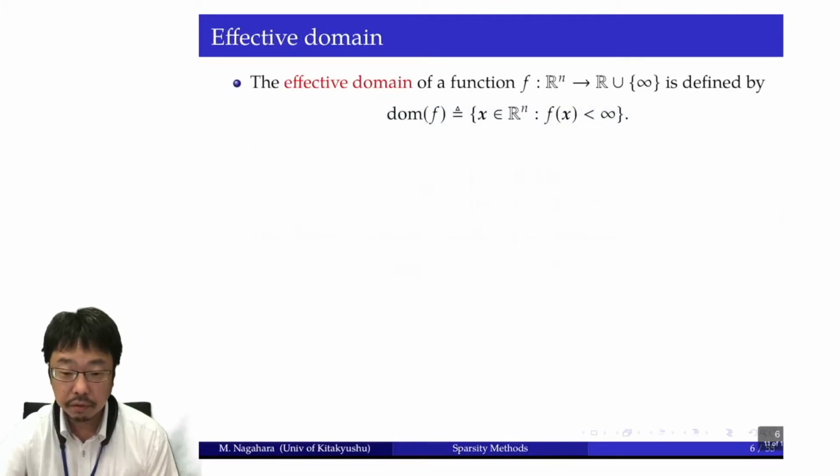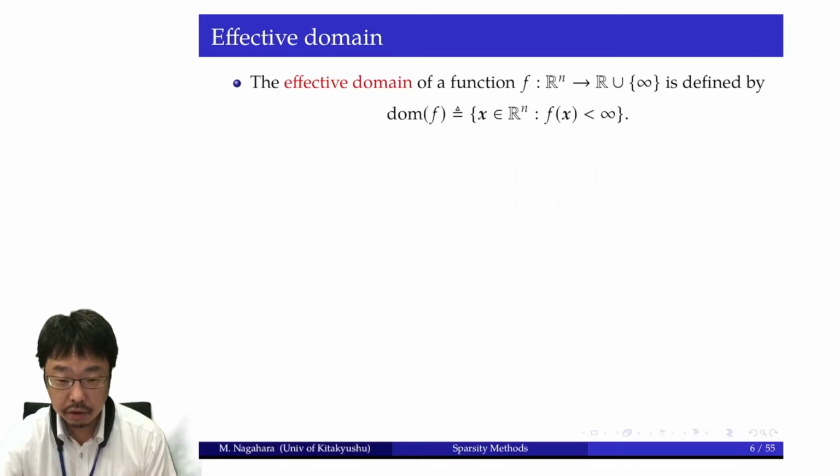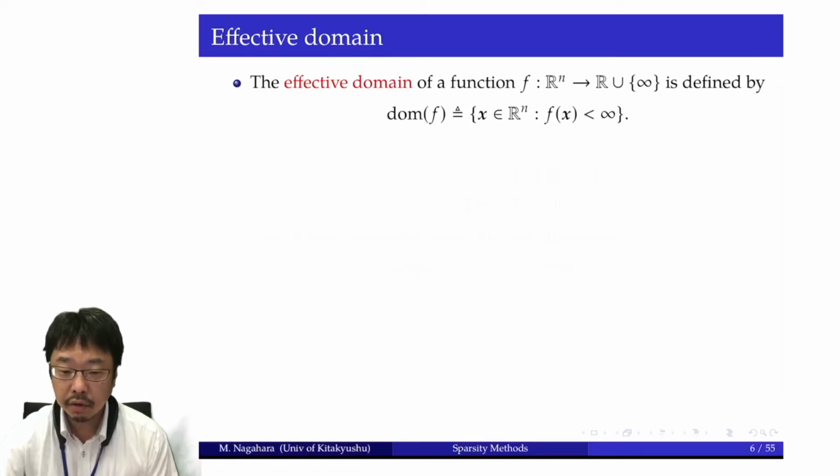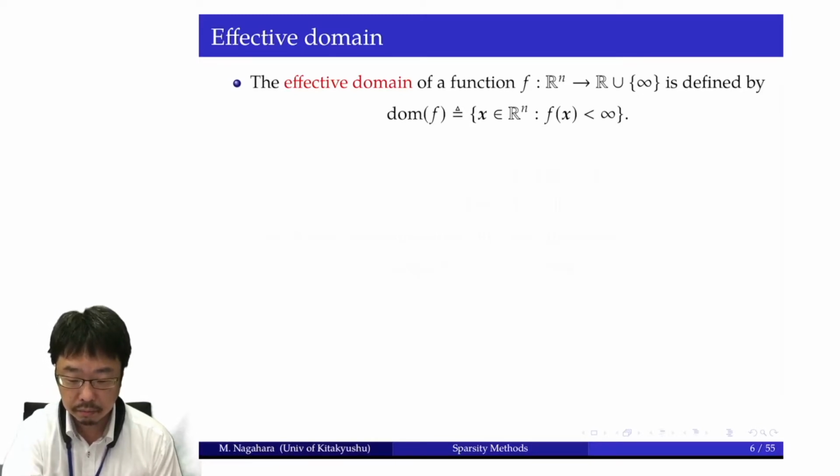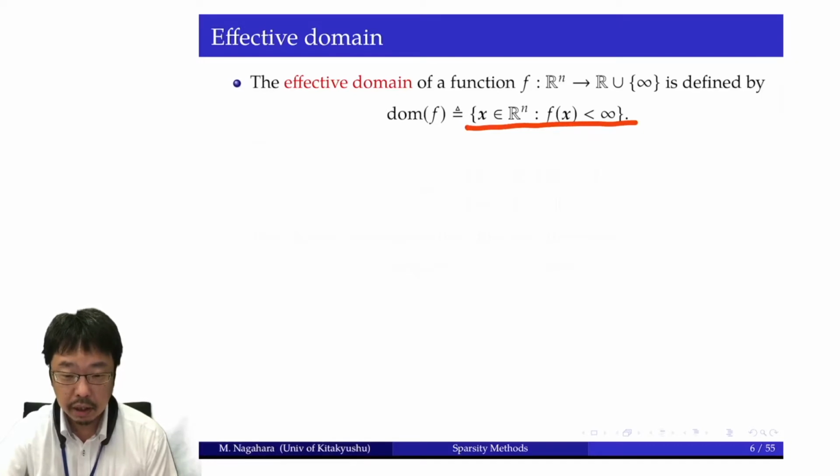Then we will define the effective domain. The effective domain of a function from Rn to extended real numbers is defined by this. Namely, domain f is the set in Rn on which the value of f is finite.